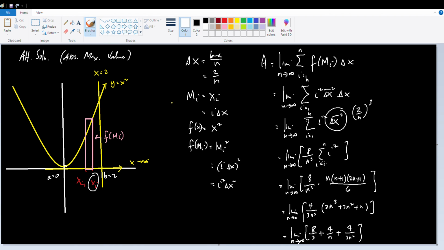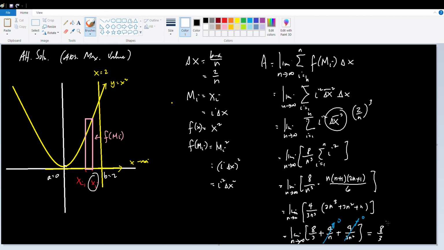We evaluate the limit. The limit of the constant 8/3 is 8/3. The limit of 4 over n as n increases without bound is 0. The limit of 4 over 3n squared as n increases without bound is also 0.